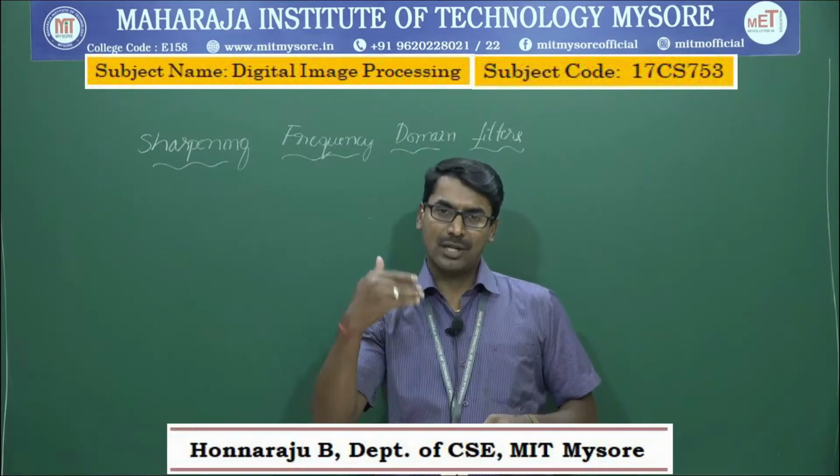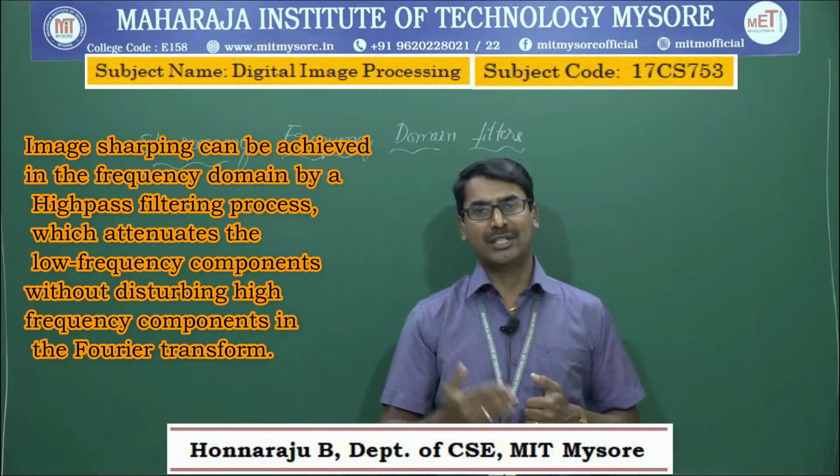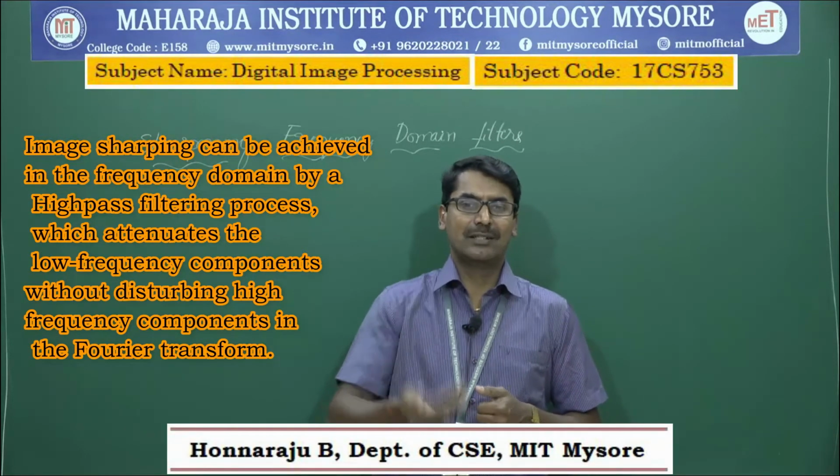In the sharpening filter, we highlight certain frequency values and attenuate the frequencies which are less than the cutoff frequency D0. This is the reverse of the low pass or smoothing filter. In smoothing we attenuate the high frequency values, but in sharpening we attenuate the low frequency values.